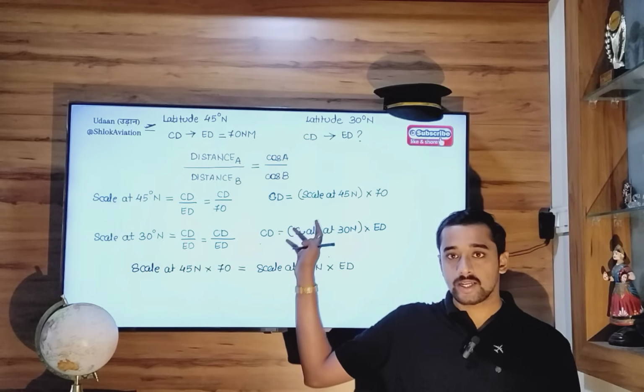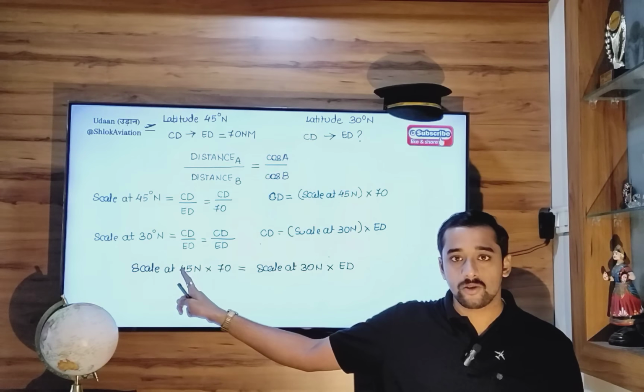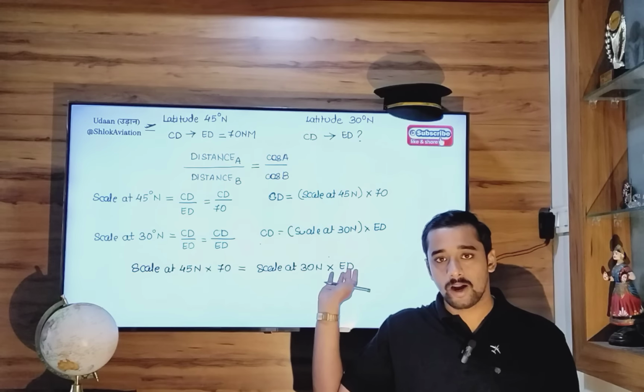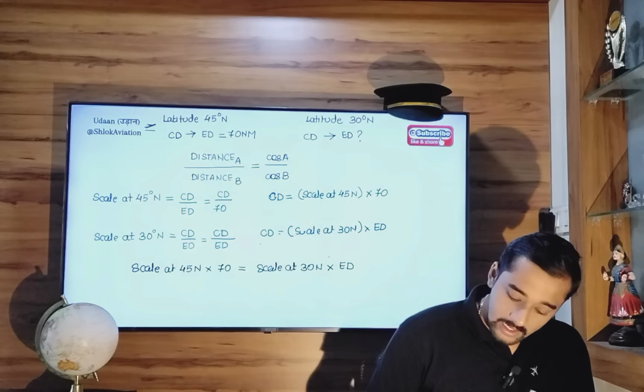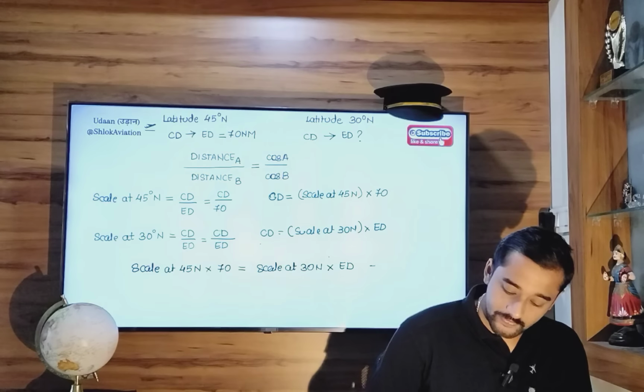Now we do not know the scale at 45 north, we do not know the scale at 30 north, so it will be impossible to find out earth distance. Let's name this step number 1.